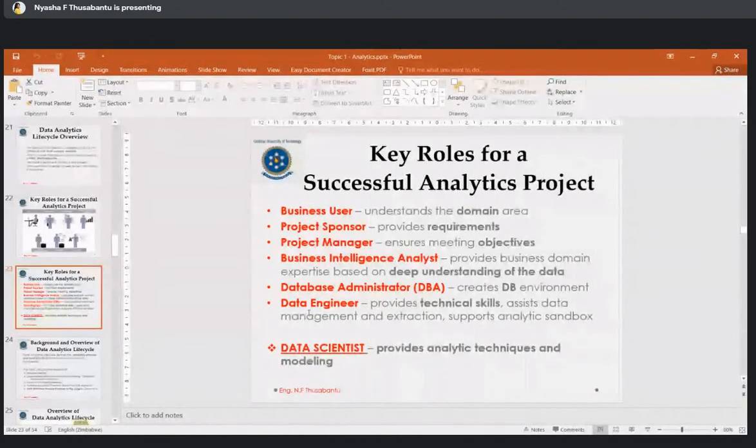But in most organizations, you would find that the database administrator, who created the database environment, is the same person who is manipulating it, which is why we end up with a database that is completely spaghetti and code that is completely spaghetti, because I understand everything about the process flow. The reason for separating these roles when you're doing an analytics project is to make sure that everything has a flow.